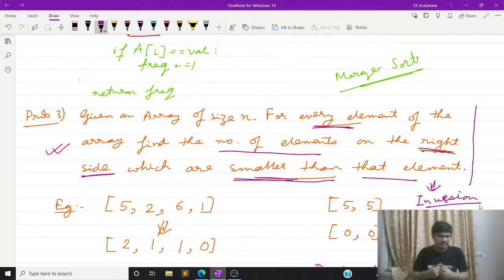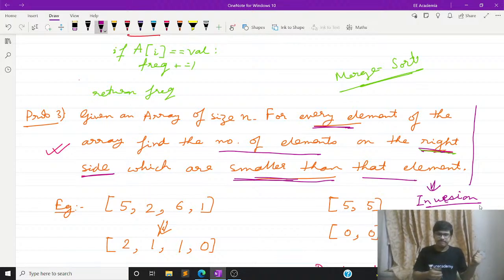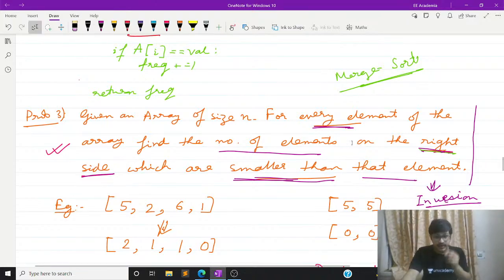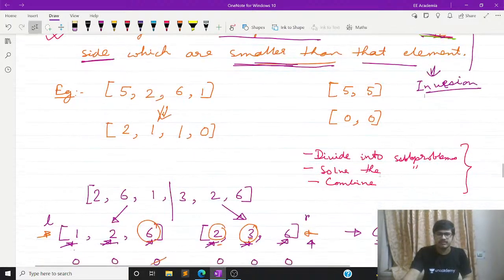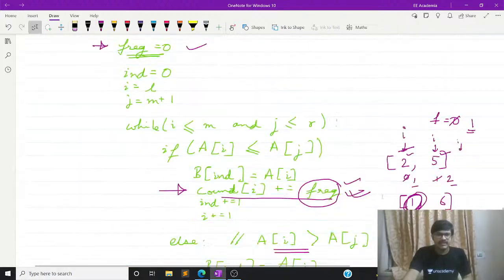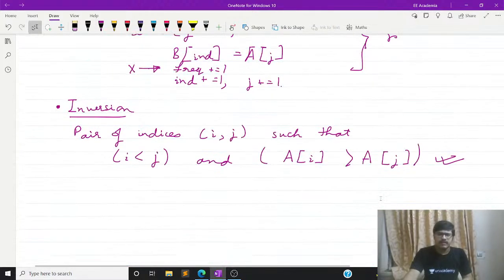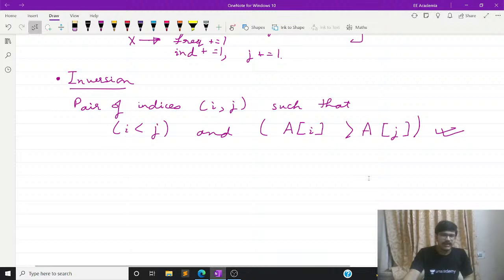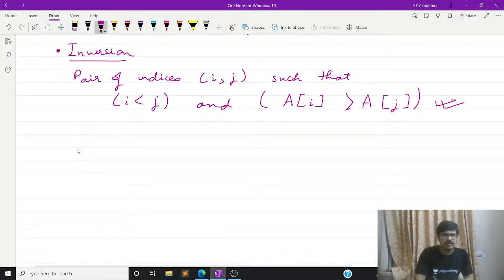Is it clear, guys? Okay. So for every element, I have to find this inversion. Now there is an extension of this problem. I will just tell you the problem, and you will be able to solve it on your own. I will not solve this problem, but I know that you will be able to solve it on your own.